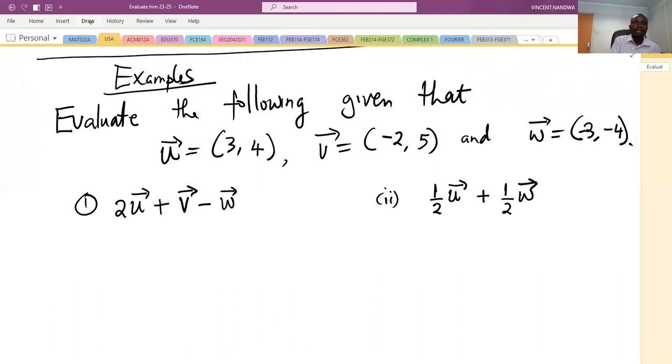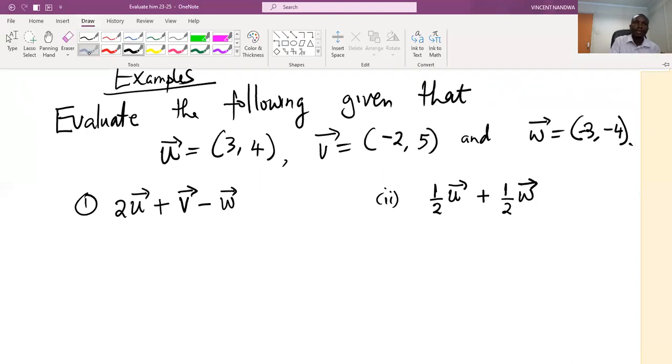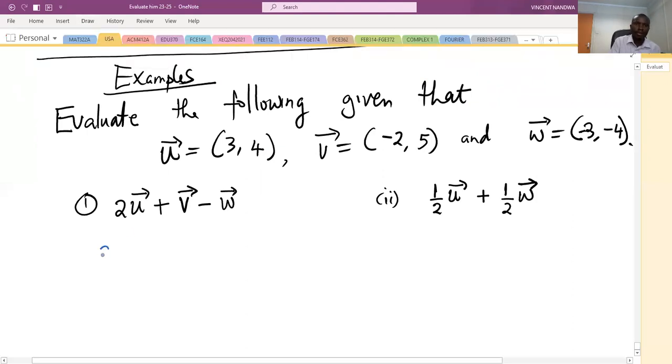So the solution for this will have 2 times u, which is (3, 4), plus v, which is (-2, 5), and then minus w, which is (-3, -4). Let's start by solving this one first.